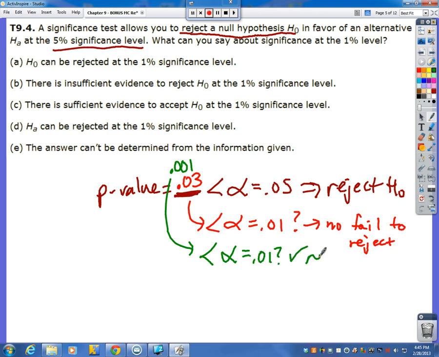Then we would reject that. So it really depends on our p-value, if it's going to be in between 1 and 5%, or if it's going to be less than 1%. Did they really give us enough information in this problem to do it? They didn't. So our answer is E. The answer can't be determined from the information given. We would need to know a little bit more about our p-value.